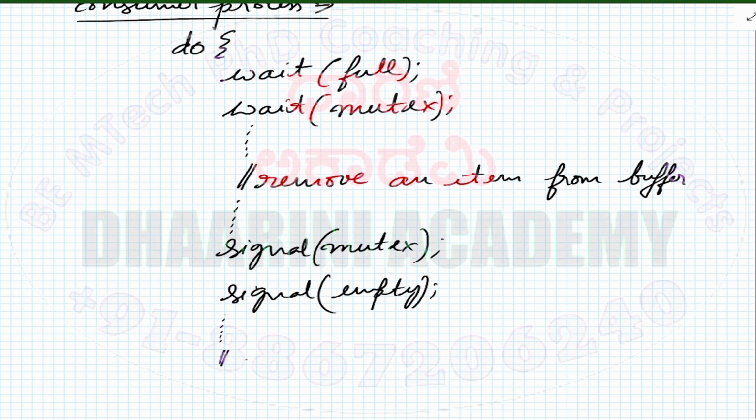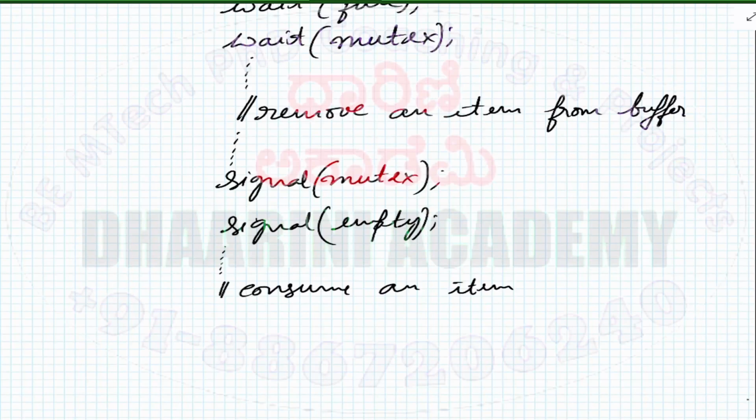Let's try to write a part of that: consume an item. This is the one which has been removed from the buffer, right? After that, let's try to close this and finish the do while loop, while true.